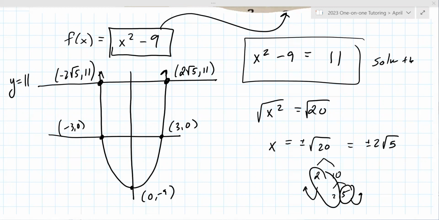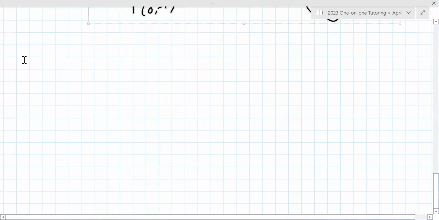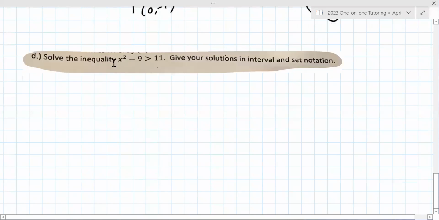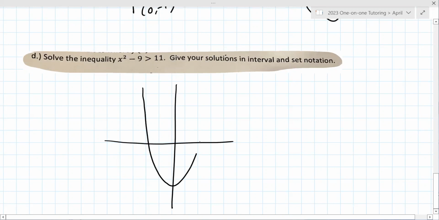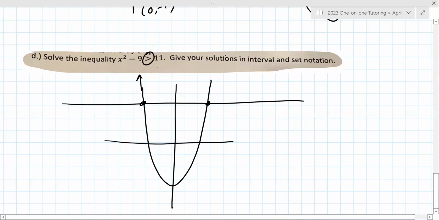Where it's x squared minus 9 greater than 11. It comes from this graph, you know, for the umpteenth time here. Here's our graph. Here's 11. We want to know, this means above.